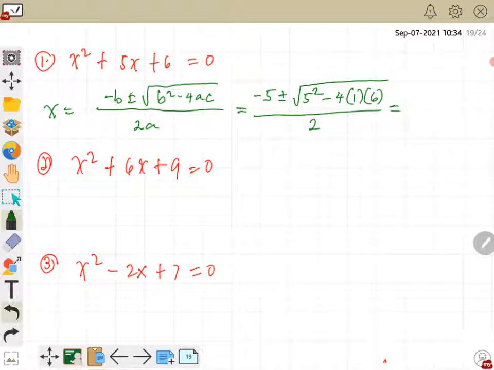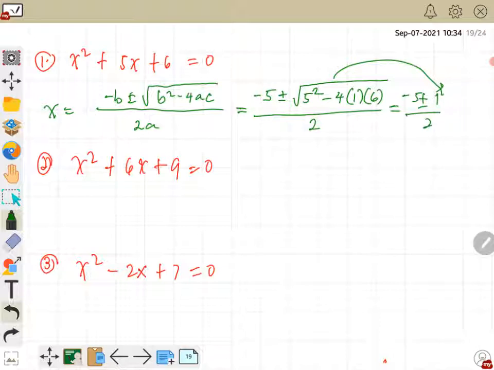In turn, you'll have negative 5 plus minus the square root of 1. What is the square root of 1? That is 1. So we just write 1, all over 2.